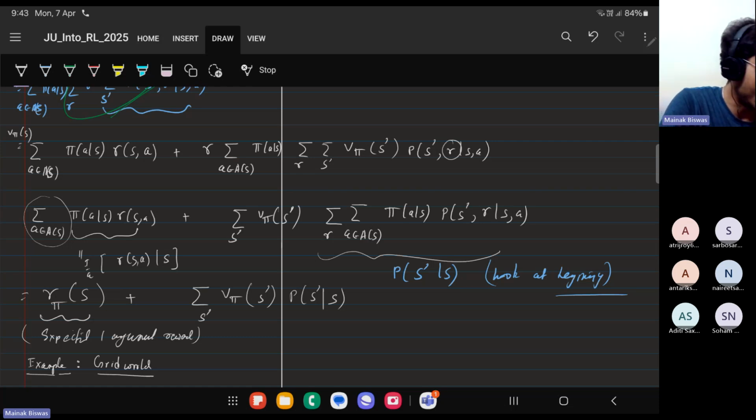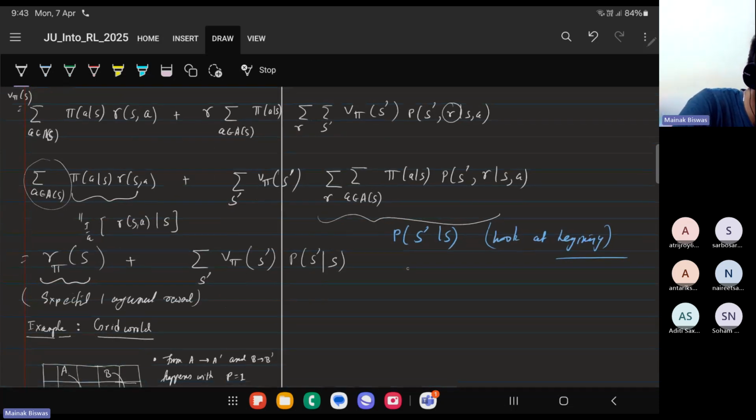Now, can anyone write this in vector notation? So if I write the matrix P of s prime, s as P11, P12, up to P1n, where P1n is the probability of s prime equal to n and s equal to 1.